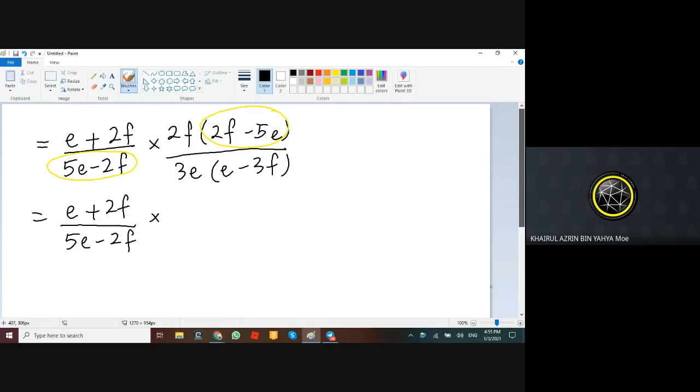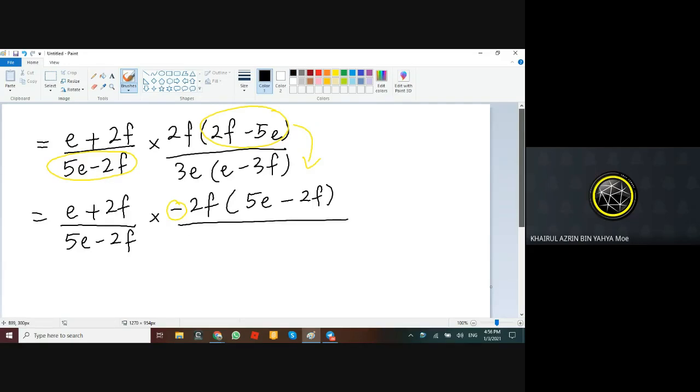Here, we don't want to write 2F minus 5E, but we want to write 5E minus 2F, backward. So what we do, we put negative on 2F. So here, we change the sign. So this one, we change to this one. Why? Because we put negative in front. Okay, continue.